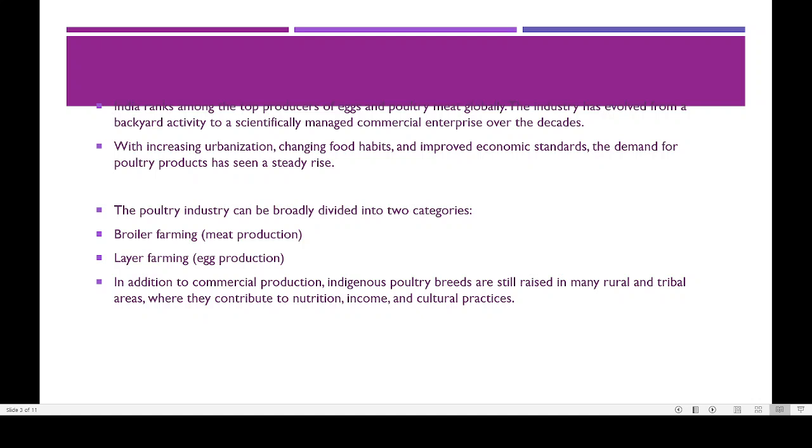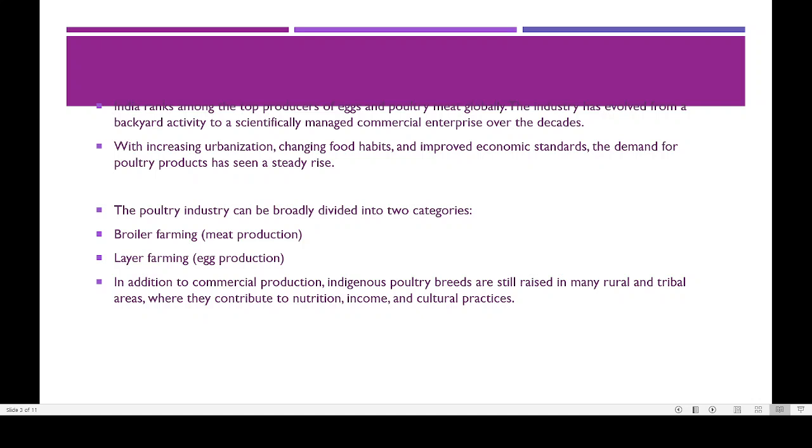Over several years, with increasing urbanization, changing food habits, and improved economic standards, the demand for poultry has grown. For example, if we want eggs, we need to grow hens. Only from hens or chickens are we getting these eggs.